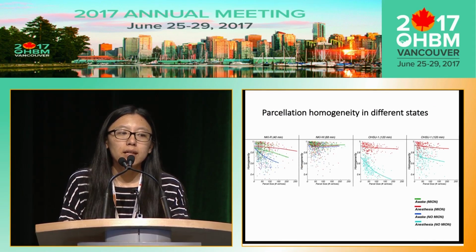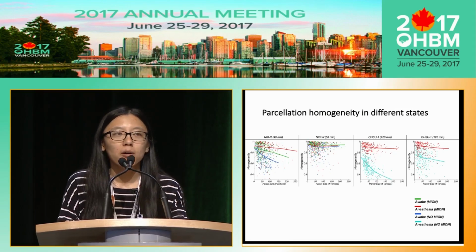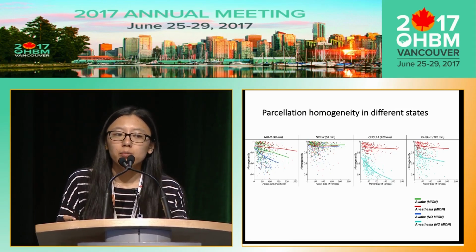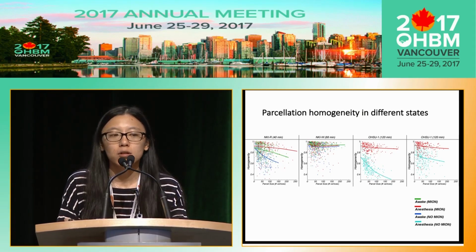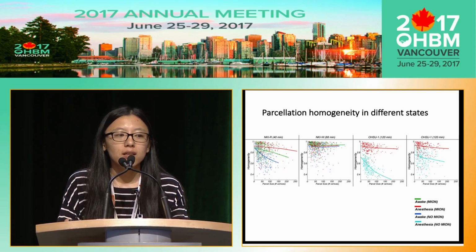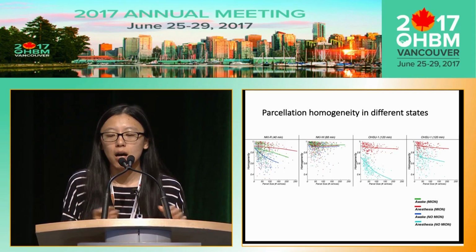The green and the red line here are the data we collected while awake and under anesthesia, both with Mion. The dark blue and light blue are the data we collected without Mion, just pure BOLD. We see that the data with Mion always gets better parcellation homogeneity than the data without Mion.